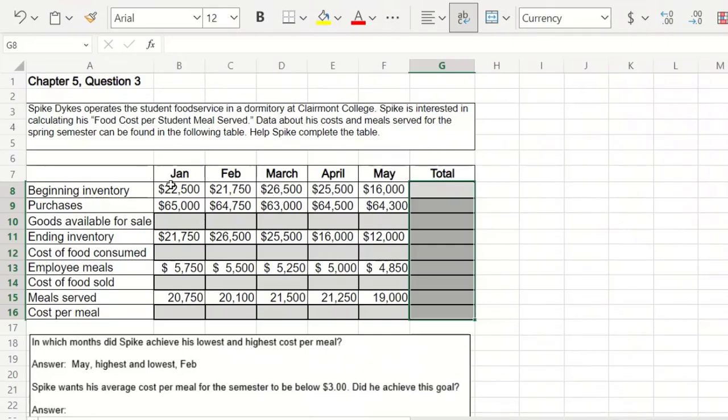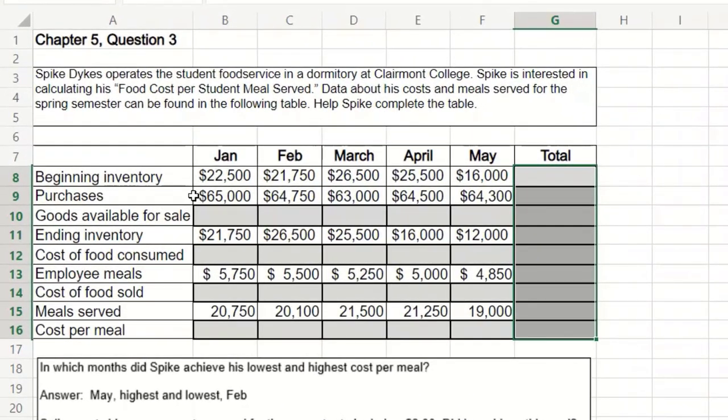All right, so here we see we have our beginning inventory and our purchases for each of the months. Okay, so let's go through January. All right. So we start with $22,500 in beginning inventory. We make $65,000 in purchases. We want to get our goods available for sale.